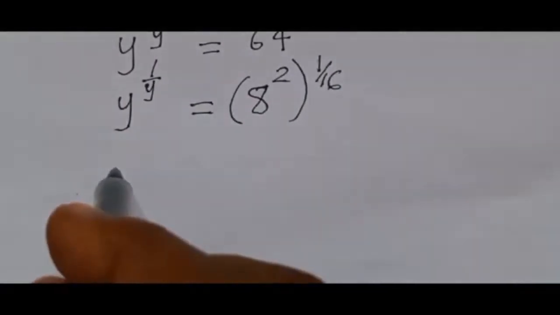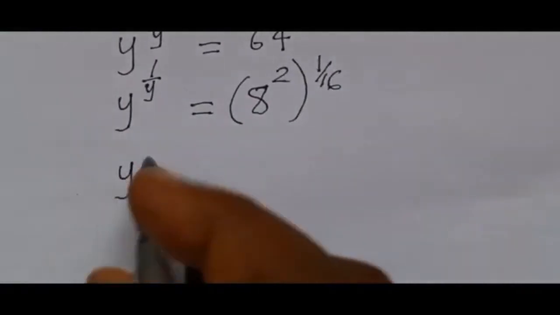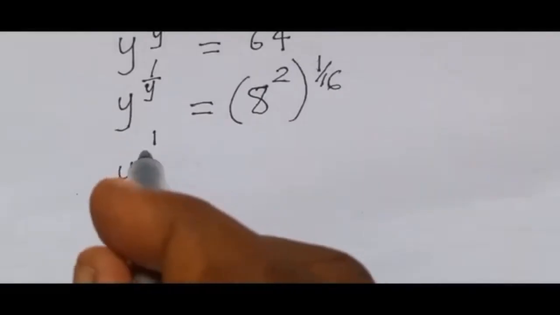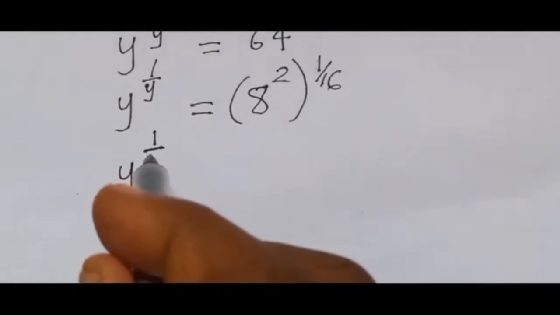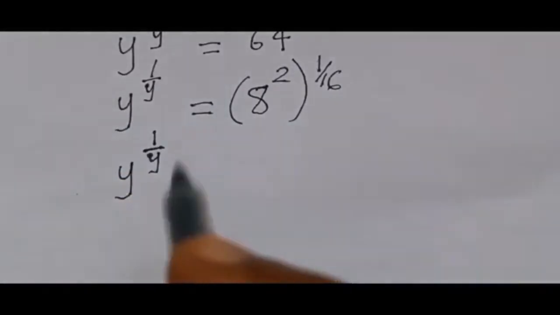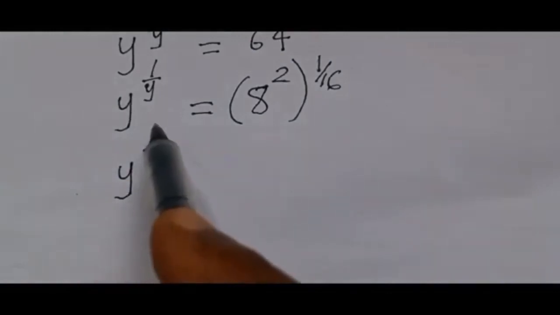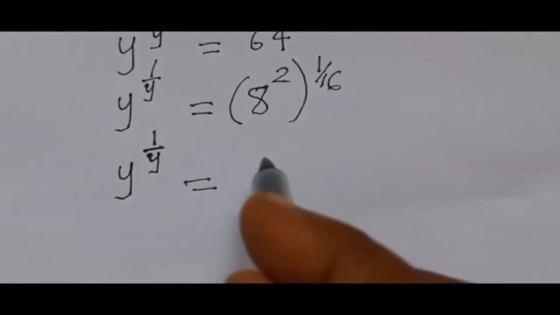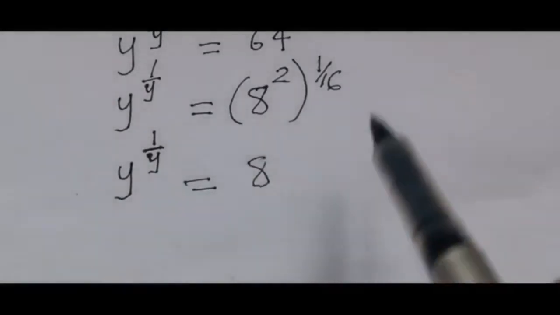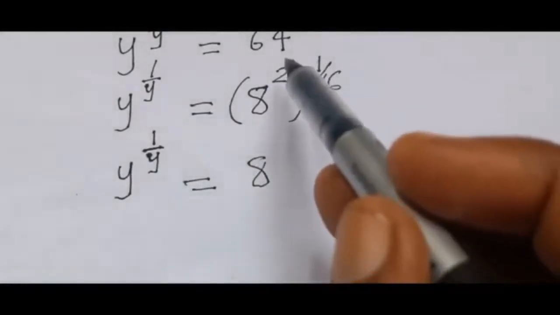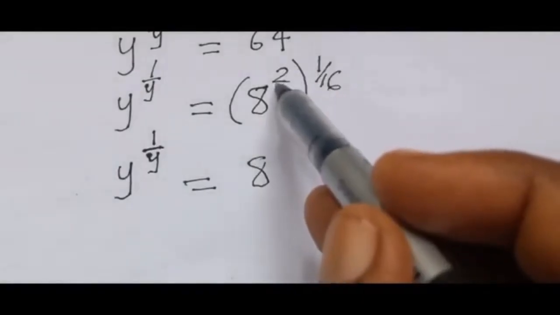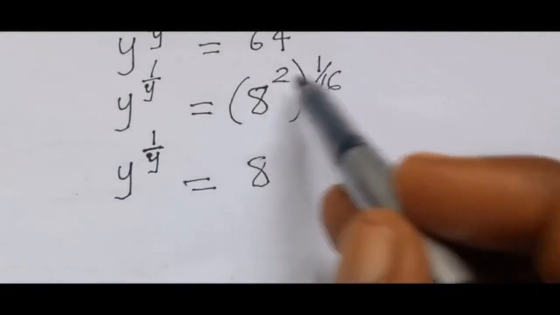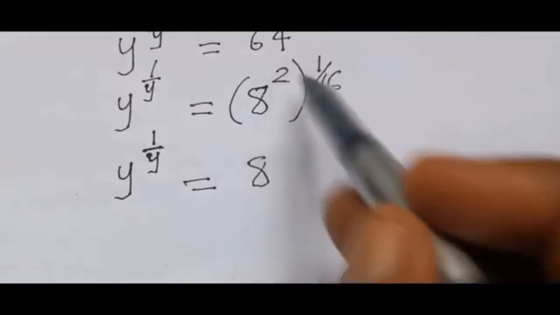Again, here we have y raised to 1 over y equals 8 raised to the exponent 2 over 16. We know 2 cancels with this 16. By 2, 1.